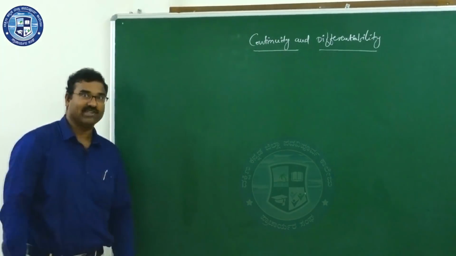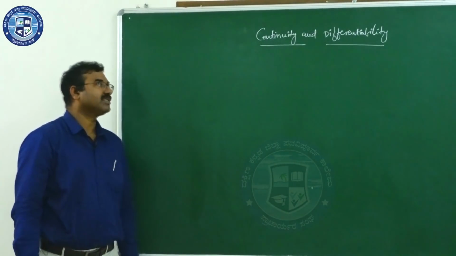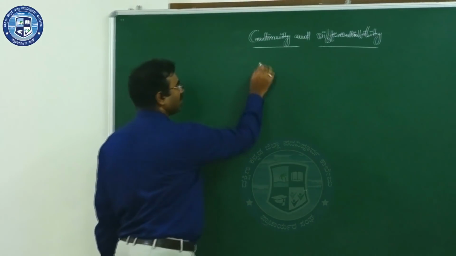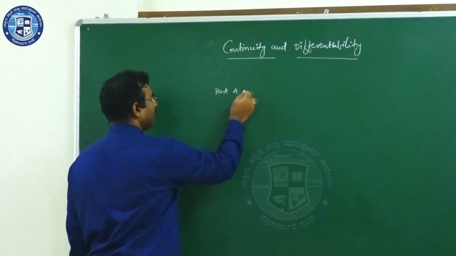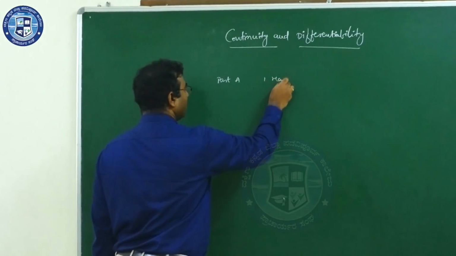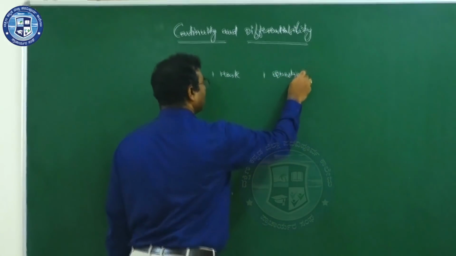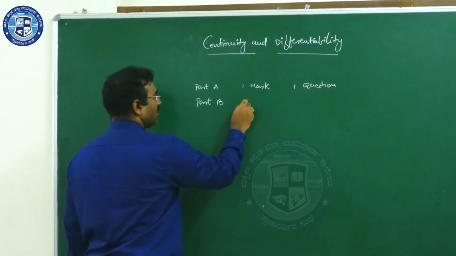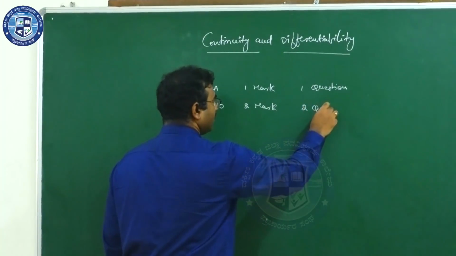Before entering into this topic, we'll see what is the weightage for second PUC. From this topic, we are going to get Part A, a 1 mark question, 1 question. Part B, 2 mark questions, you will get 2 questions.